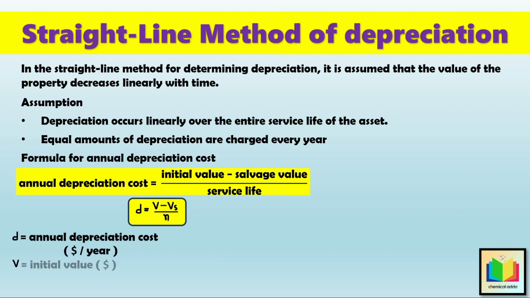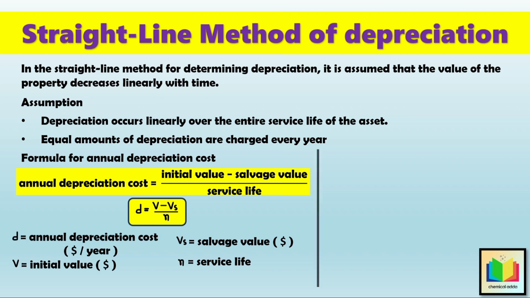V represents initial value or original cost of the property in dollars. This is the cost when the equipment is completely installed and ready for use. Then Vs represents salvage value in dollars, which is the estimated value of the property at the end of its useful life. Then N represents service life, that is, the total number of years the property is expected to be in use.